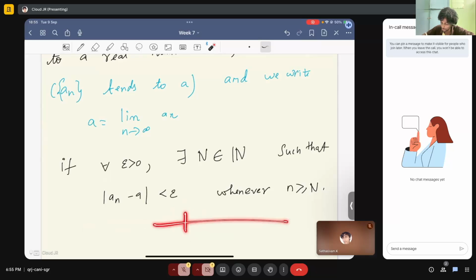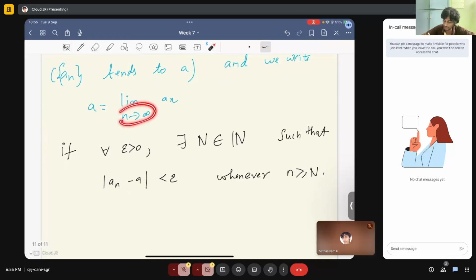You can choose epsilon as small as you want, but you can always find an N such that after that, every a_n is in the epsilon ball. In some sense, as n tends to infinity, the elements of the sequence are going closer and closer to a.